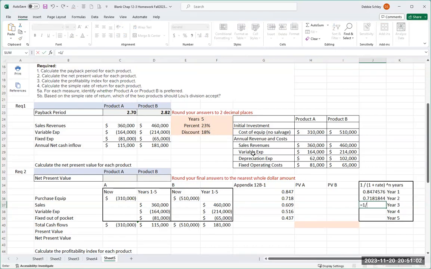Equals 1 divided by parentheses, 1 plus the rate, close parentheses, raised to the value of year 3, then year 4, and then year 5.